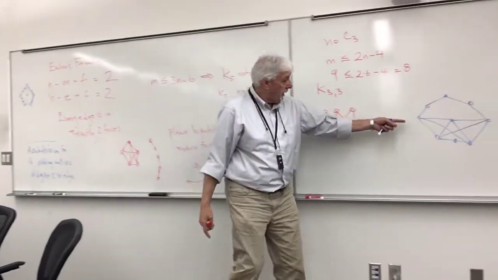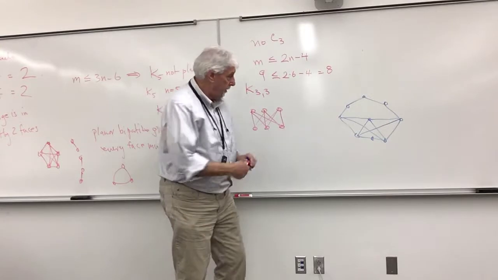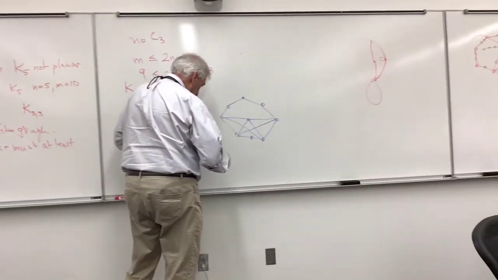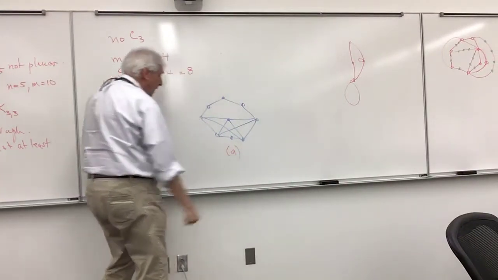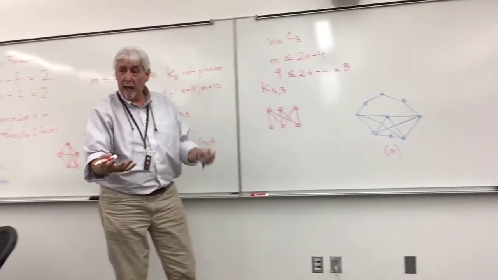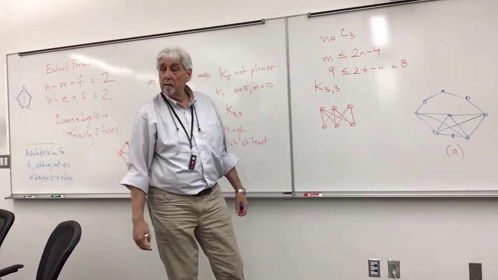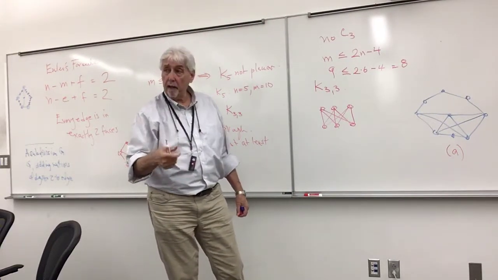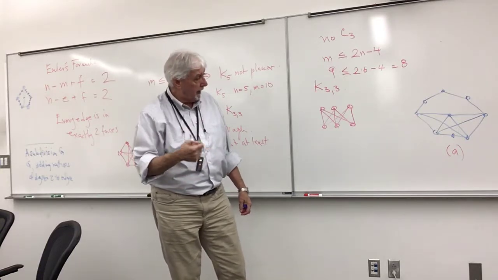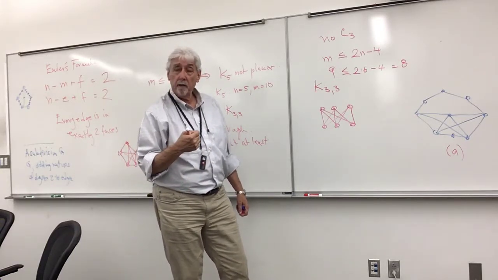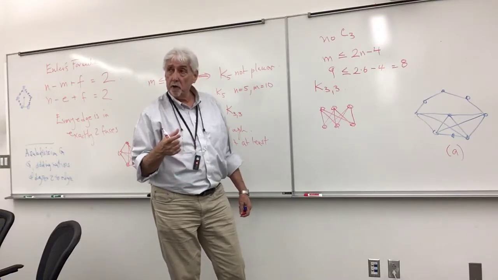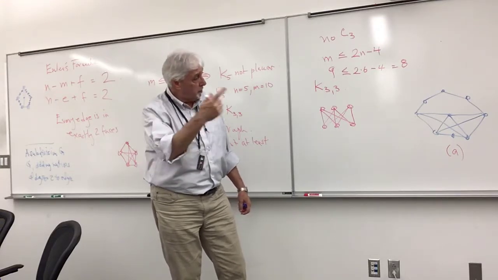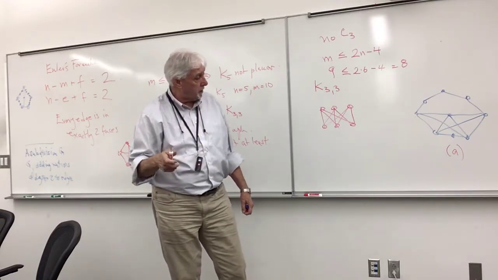I see. Okay, so here's graph A, and I want to replace induced paths, not just any path, with an edge. An induced path means that I only have vertices of degree 2 on it.